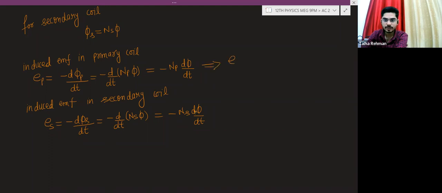In the primary, the induced EMF will be minus Np d phi by dt. In the secondary, this is minus Ns d phi by dt. Suppose this is your equation number 1 and this is your equation number 2.